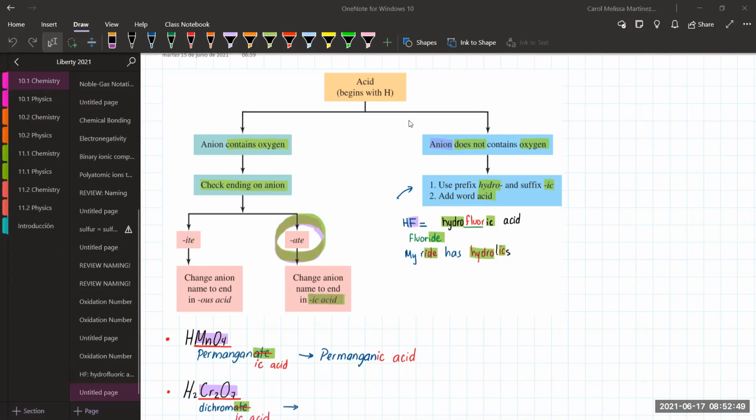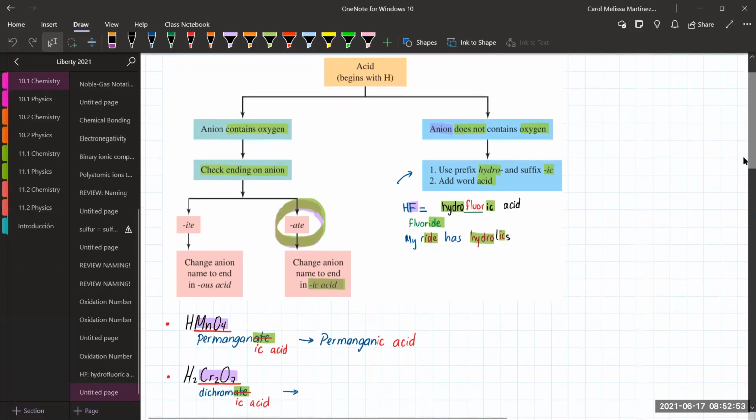And the name will be dichromic acid. Just like that. Dichromic acid.